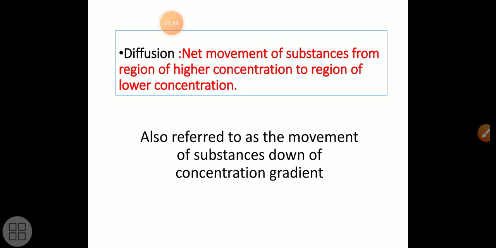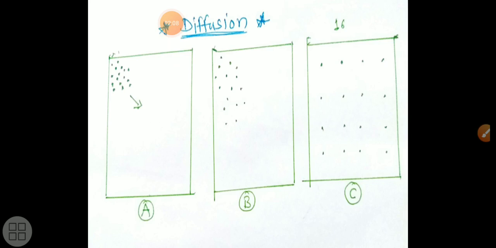So again, diffusion is nothing but the net movement of substances from a region of higher concentration to a region of lower concentration. It is also referred to as the movement of substances down the concentration gradient.